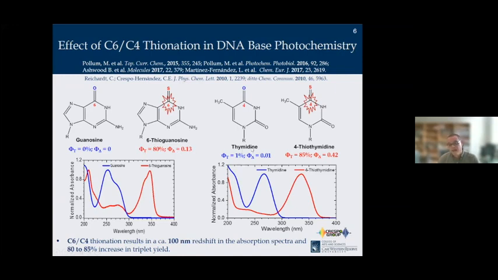In the case of thymine, you can increase the triplet yield to 85% and the singlet oxygen yield to 42%. So that's a dramatic increase in photoreactivity. Not only that, but we can also shift the absorption spectra to the red by almost 100 nanometers, which now allows selective excitation of the photosensitizer if incorporated in DNA.